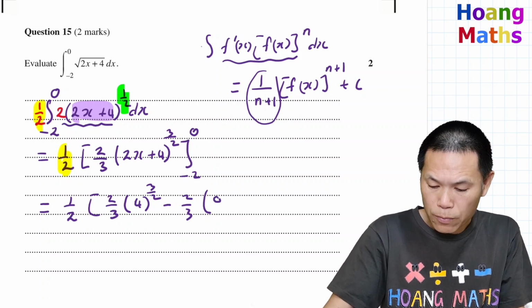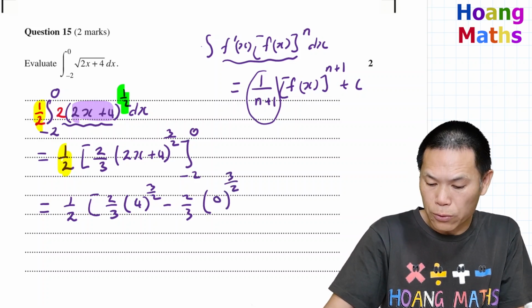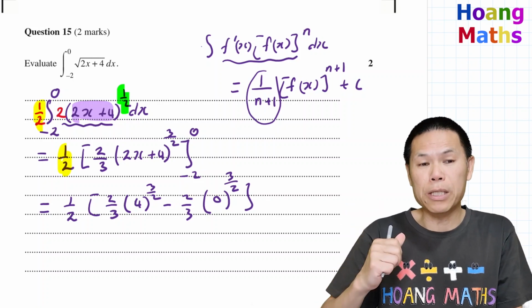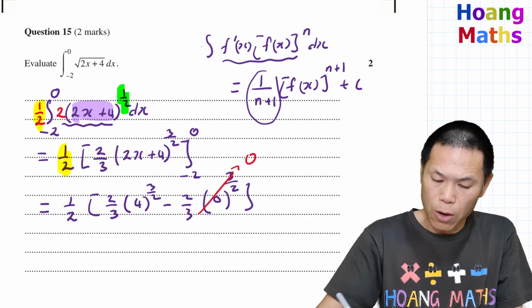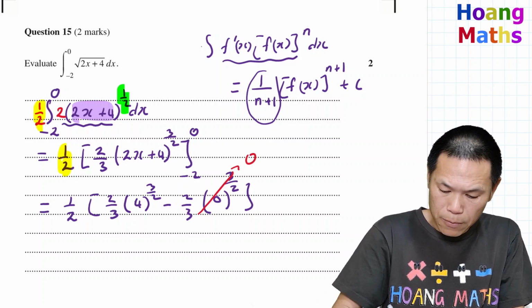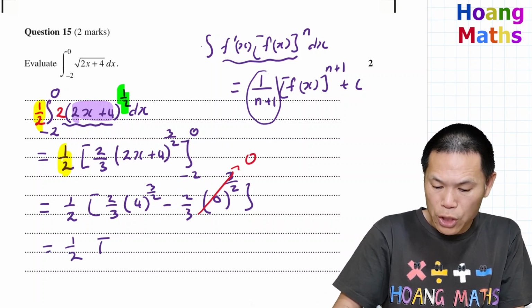So 0 to the power of 3 over 2. 0 to the power of any number is 0 anyway. So that becomes 0, and that gives me a half times.